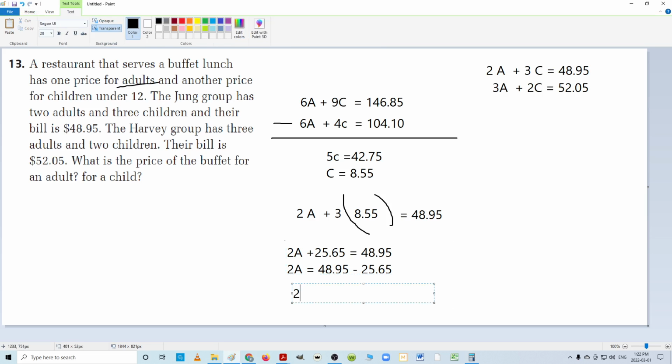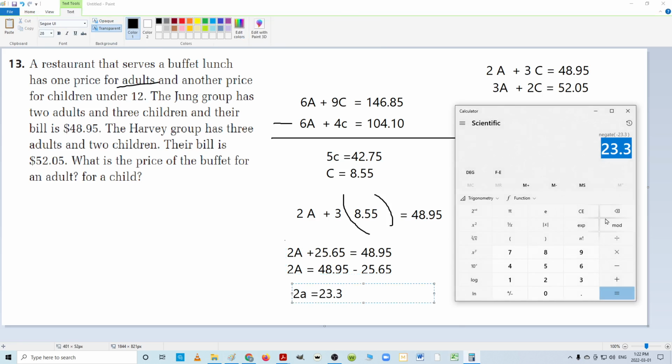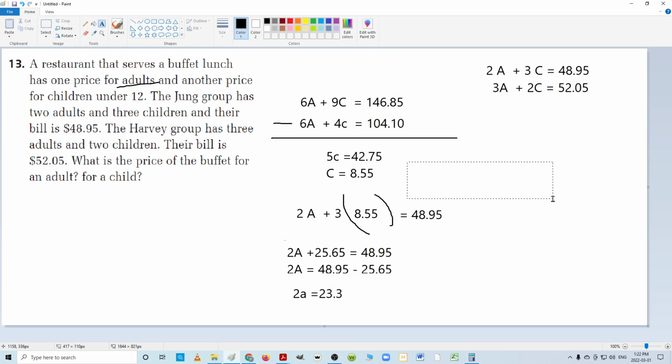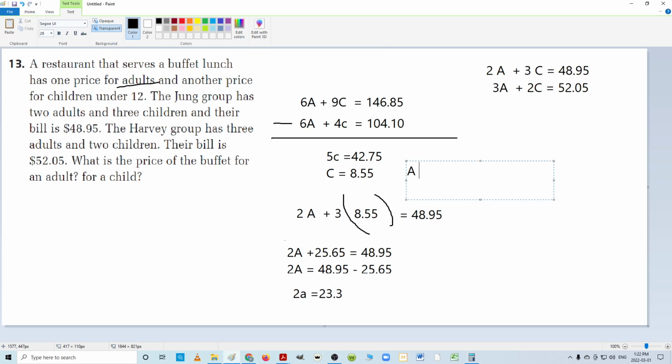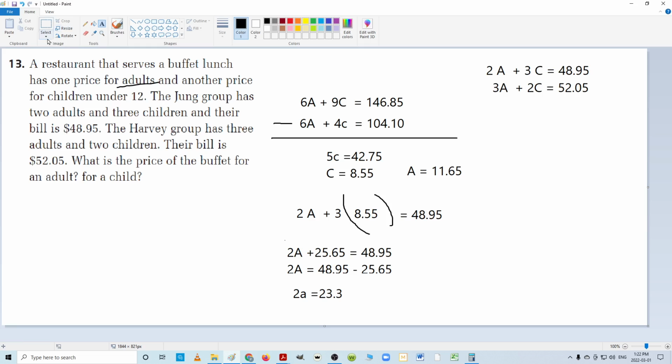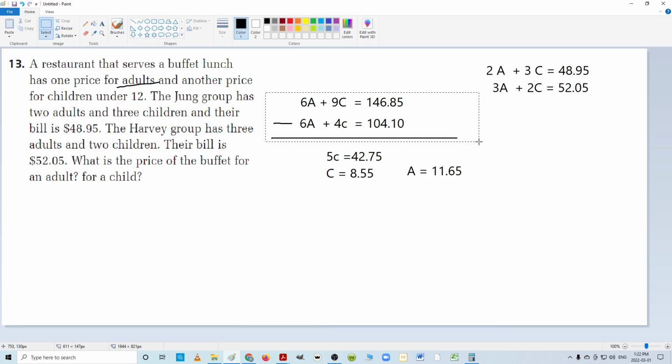So I get 2a is equal to this. And then I got to divide both sides by 2. And I get that the adult menu costs this. Now, if you have time at the end of your test, how do I prove that? Get rid of these adjusted ones.